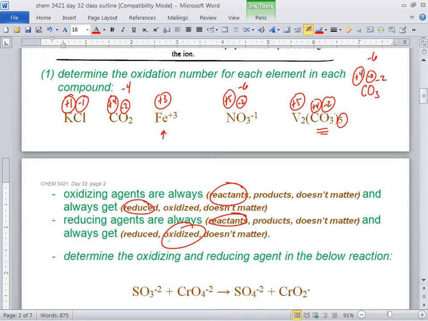So then you don't need to mess with chromate. If it's the reducing agent, this has to be the oxidizing agent, right? So just make sure, see what's going on here. See if you can figure out which is which. So just mess with chromate or mess with sulfite. Figure out the oxidation state of this stuff. O never changes.